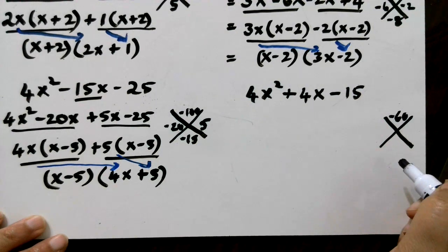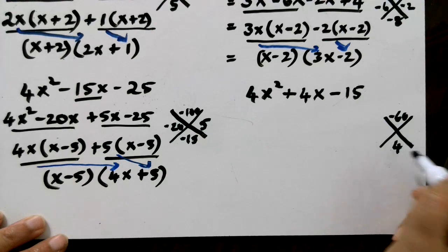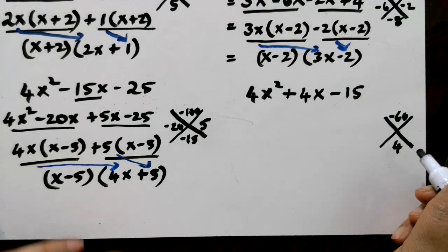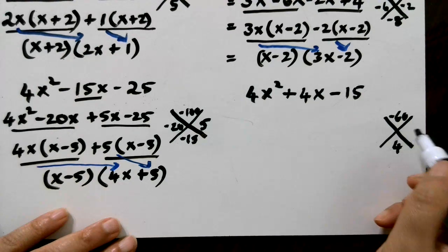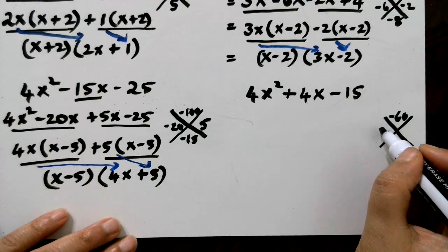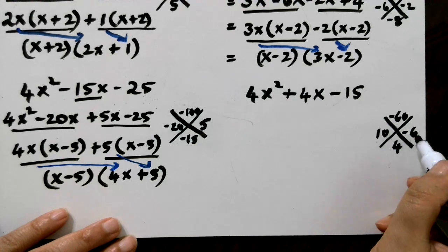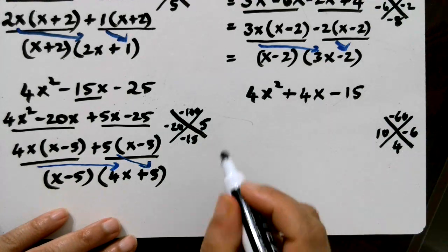We want factors of negative 60 that add to give us a 4. We can use 10 and negative 6. 10 times negative 6 is negative 60. 10 minus 6 is a 4.